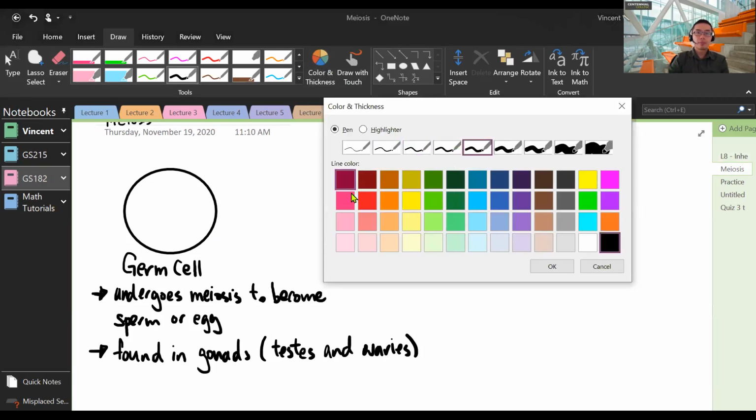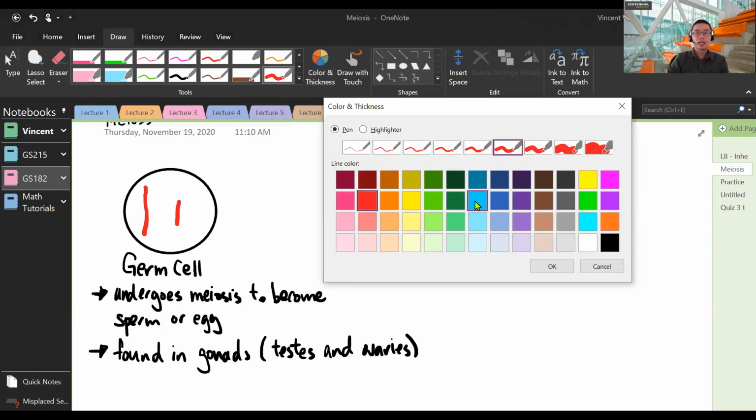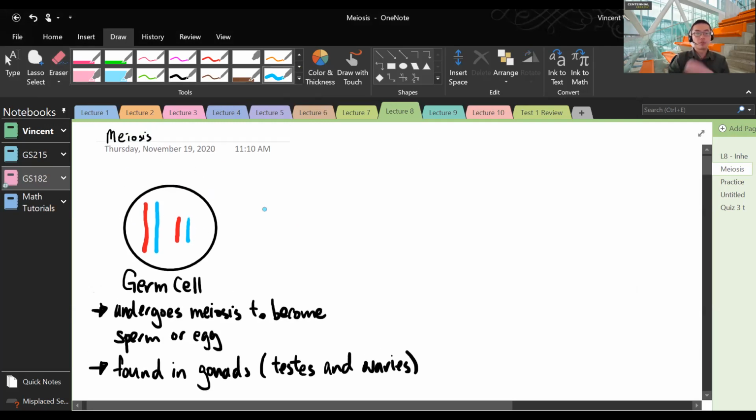For simplicity, let's draw some chromosomes here: chromosome 1 from mom, chromosome 2 from mom, chromosome 1 from dad and chromosome 2 from dad. Of course, it's more complicated in actual human cells because we have 46 chromosomes in total.